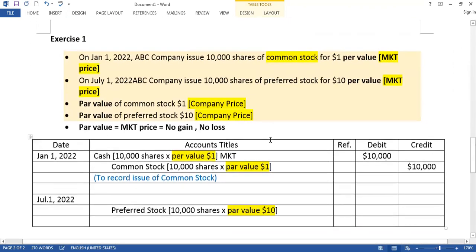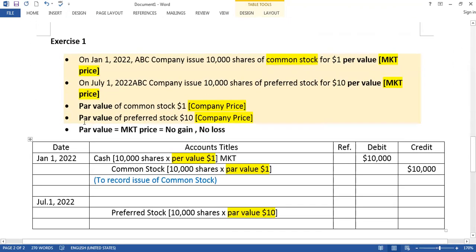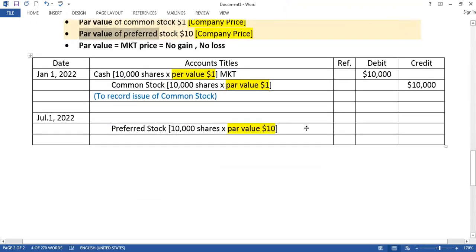The company rate is $10. The par value is the $10 company rate. So it is $100,000. Clear? Common stock credit at par value, the company rate. Preferred stock credit at the company rate.